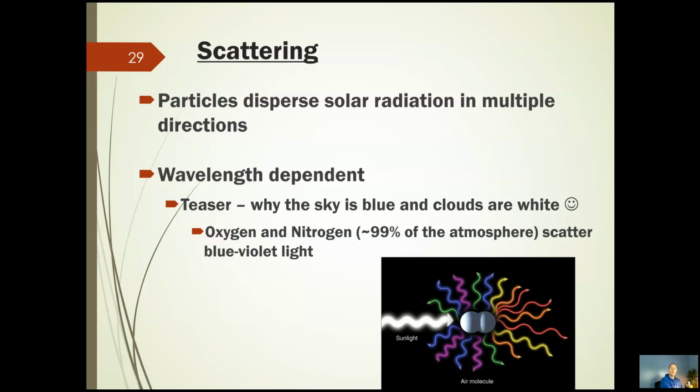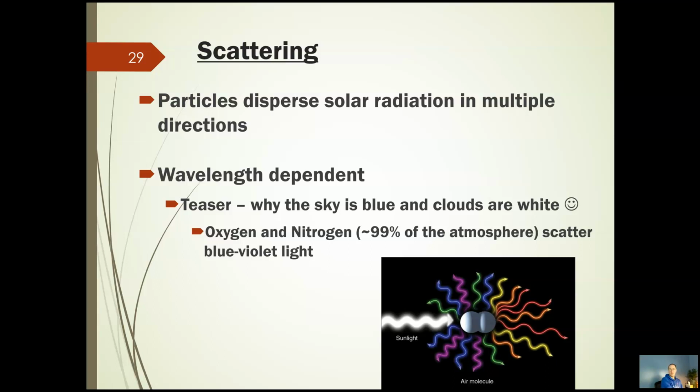We'll talk late in the semester when we get into optics about why the sky is blue. Teaser, it's called Rayleigh scattering. It's going to scatter things in a preferred fashion, and so we get a blue sky. Think about maybe sometimes when it's getting to be late in the day and you get a red sky, and then sometimes clouds will even take on different hues.